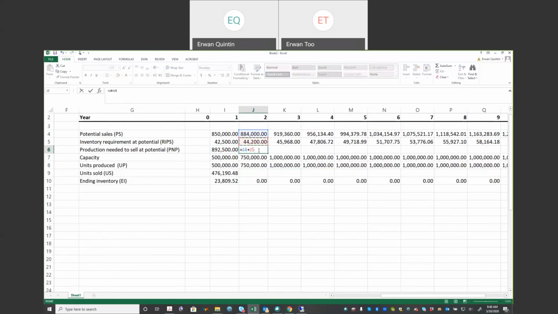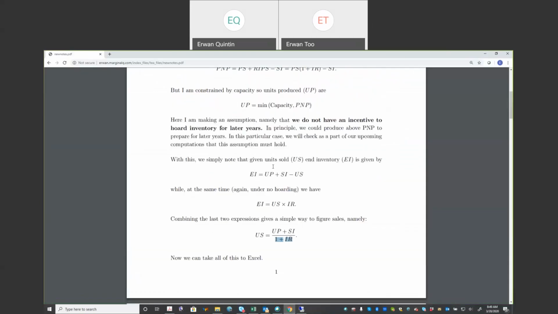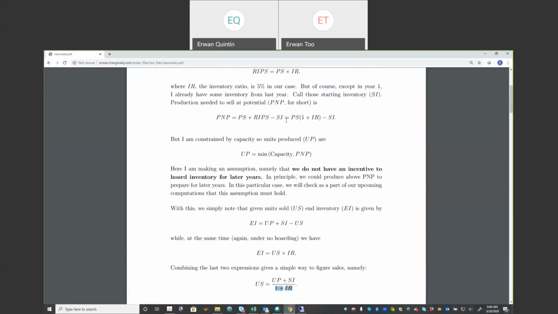But now I do have some starting inventory, and namely starting inventory at the start of year 2 is just what I ended year 1 with. So here we're going to go with minus ending inventory. Okay. So I just want to switch again to my notes. What we are using here is this formula here.